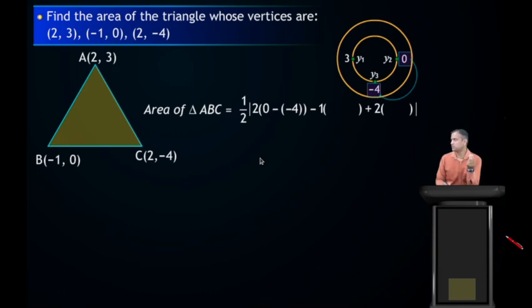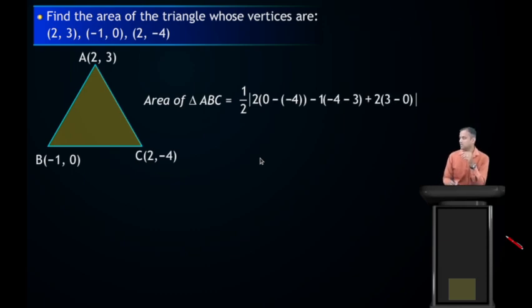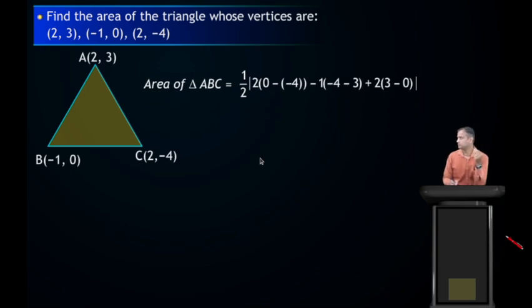So you can write 2, 0, minus 4, then minus 4, minus 3, 2, and 3 minus 0. Okay, these are the values of y1, y2 and y3.